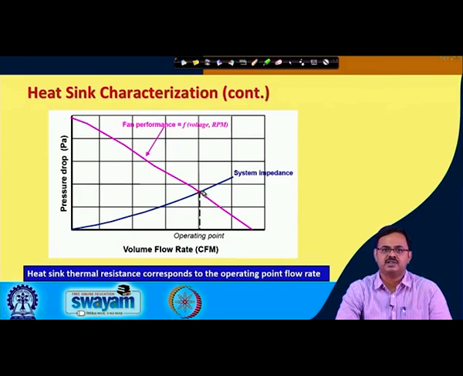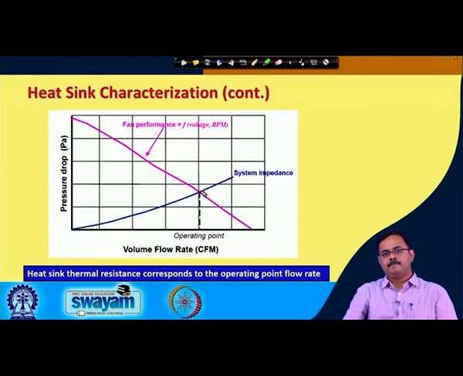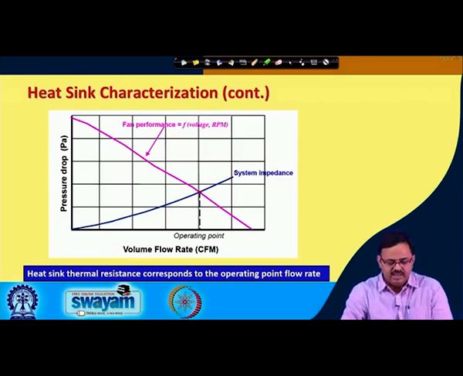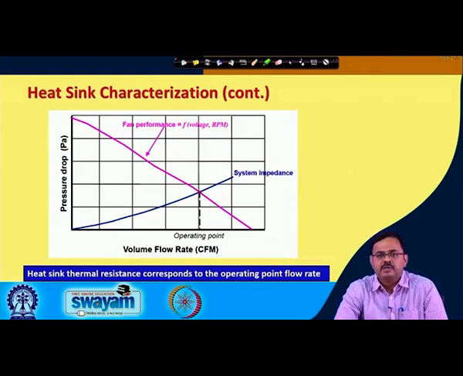The point of intersection of the system impedance curve and the fan curve gives you the operating point, and this operating point is going to be very, very important. That is where this fan heat sink combination is going to work. So, then the heat sink thermal resistance corresponds to this operating point flow rate.